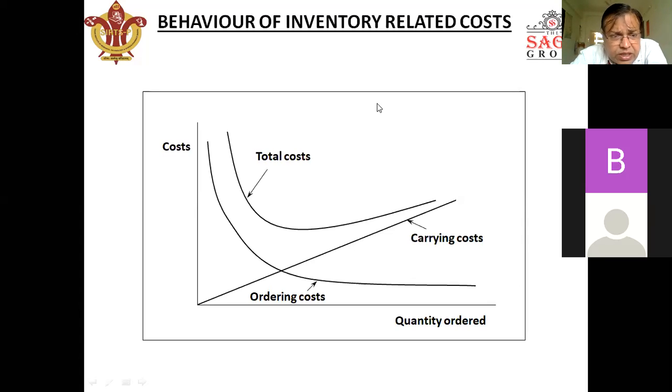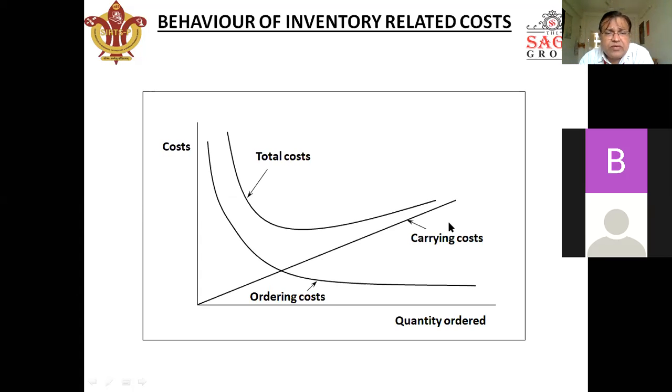You can easily see that if the material has higher cost, then the quantity of order is less. If material cost is decreasing, then order quantity is increasing. You have to maintain this slope by dividing your order quantity as per the cost of the particular material. This is the carrying cost.